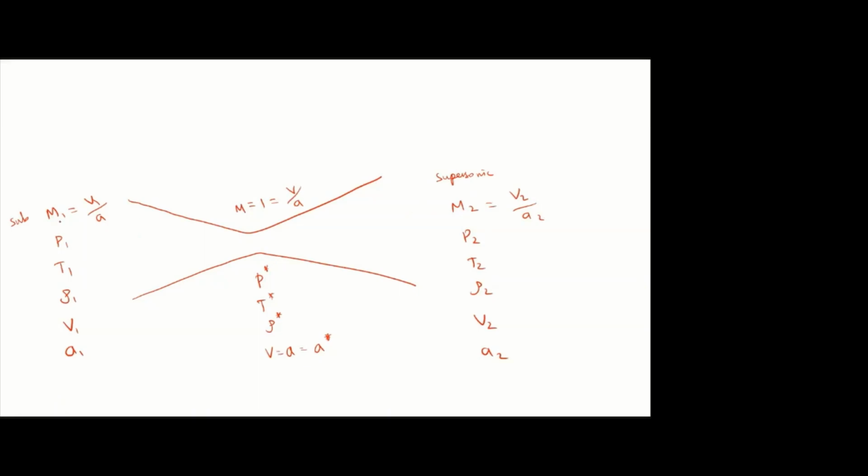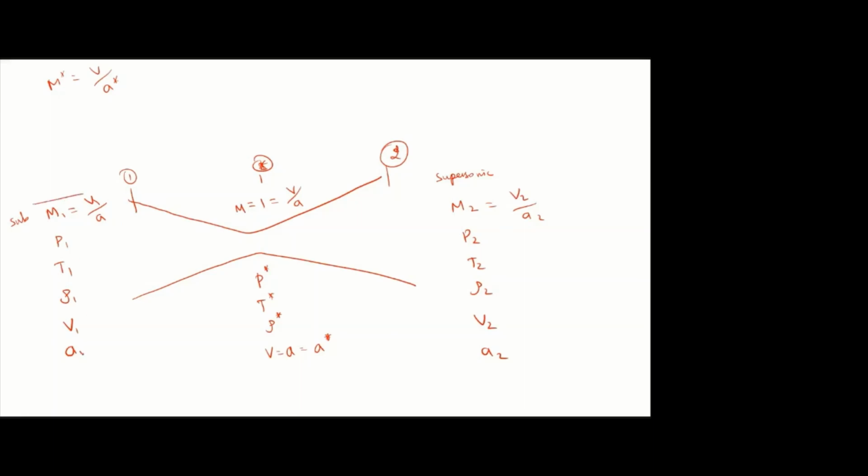At this location, what is the exact Mach number? That M star I told you, which is V by A star. So in all these stations, I can find the M star also. This is a reference condition. So this is station 1, this is station star, this is station 2. At all these three stations, I can find this reference.